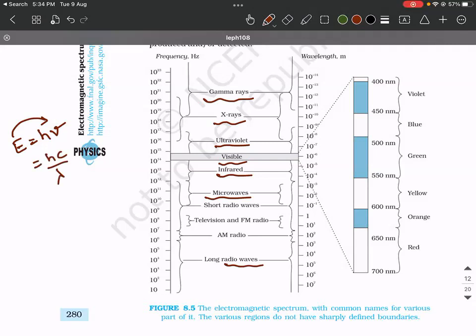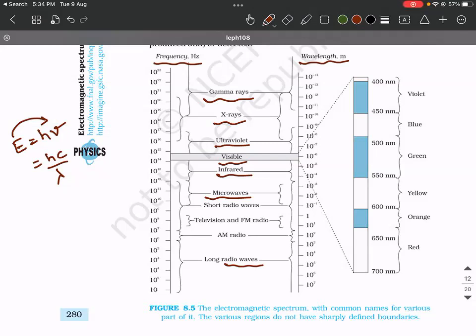So energy is increased if the frequency is increased, and energy is increased if the wavelength is decreased. So in both contexts, on either side, they make sense, where wavelength is measured in meters and frequency is measured in hertz. Is this point clear?